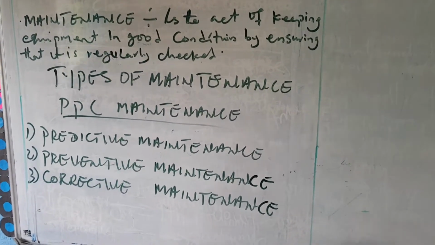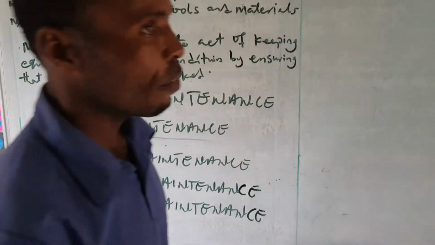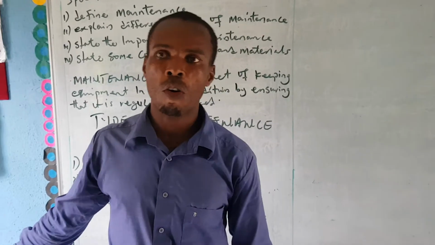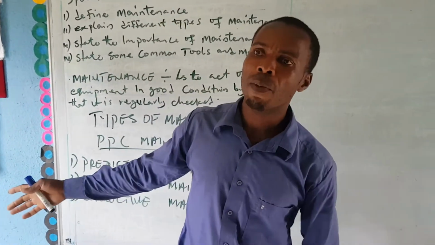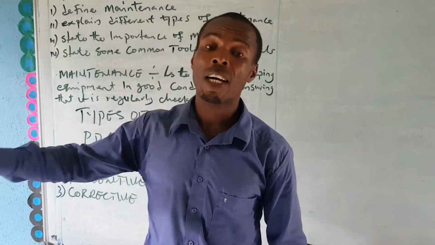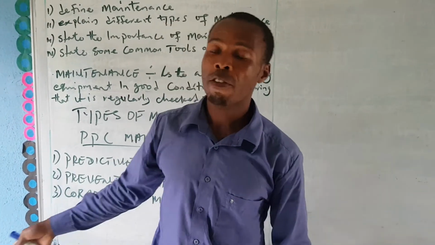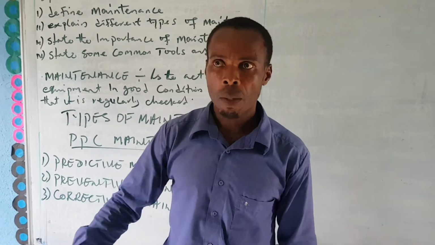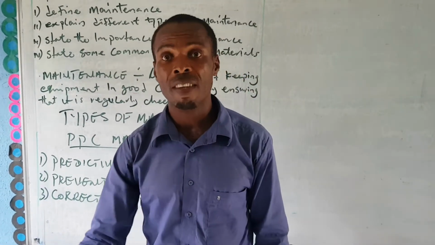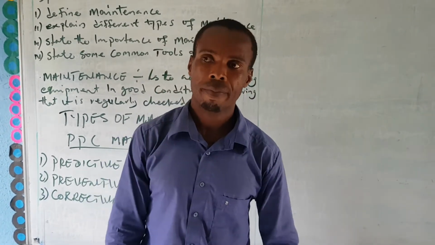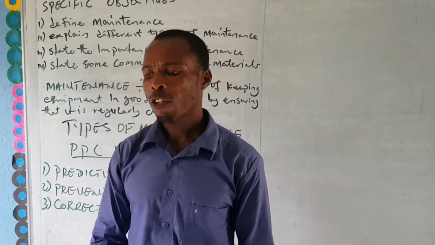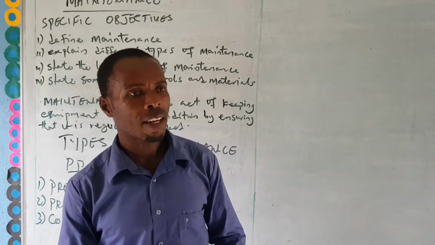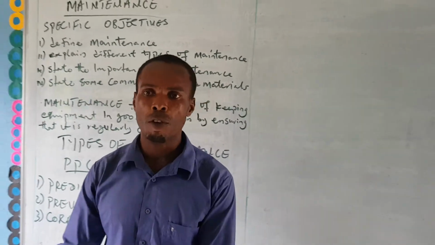Corrective maintenance. Corrective maintenance simply means to correct. When the system has already broken down, you use corrective measures to resuscitate it, to bring it back to life. The measure you take, we call it corrective, because the system is already damaged. Like I said before, take the instance of somebody who wants to develop diabetes.